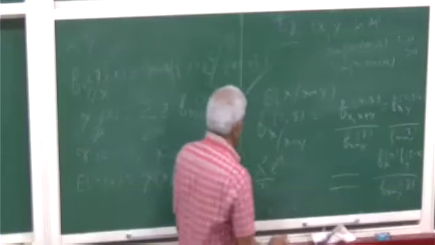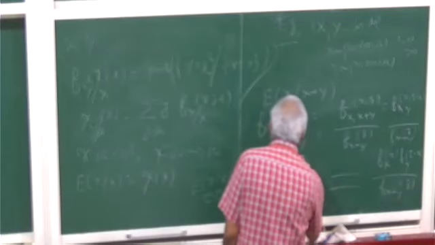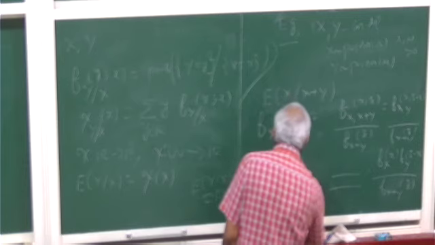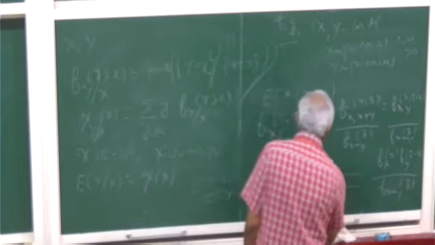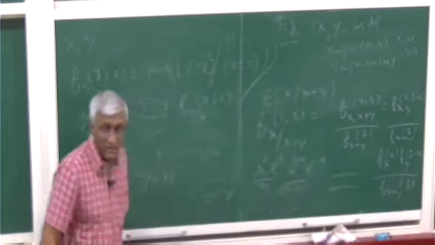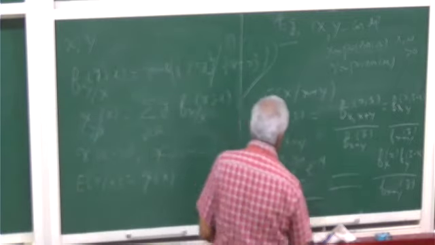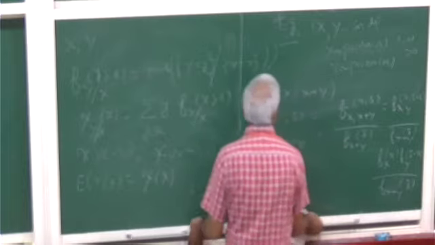Then mu power z minus x by z minus x factorial, e power minus mu.